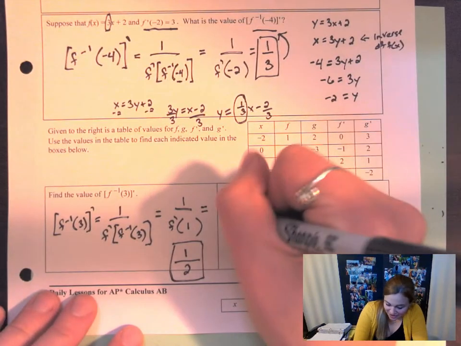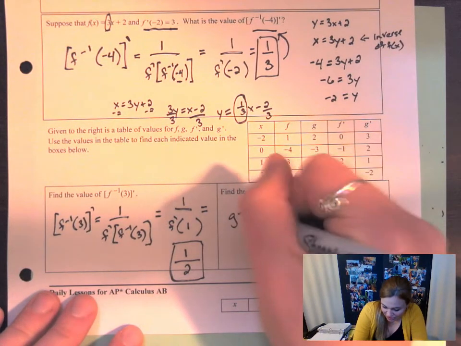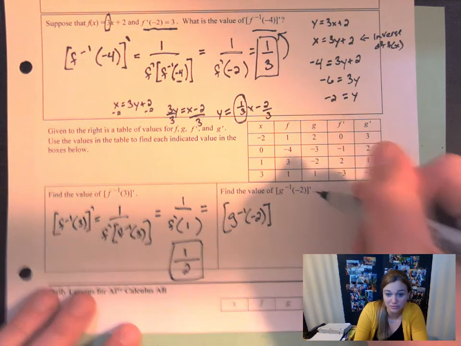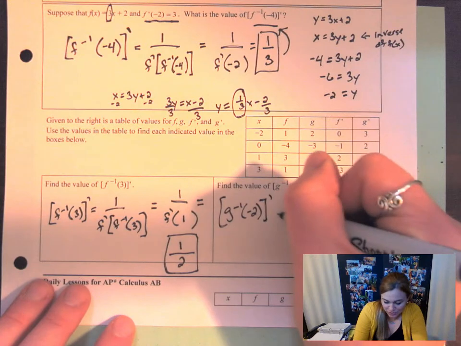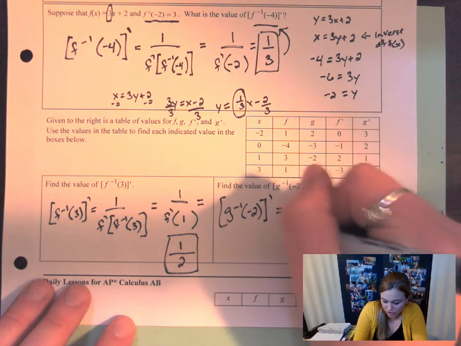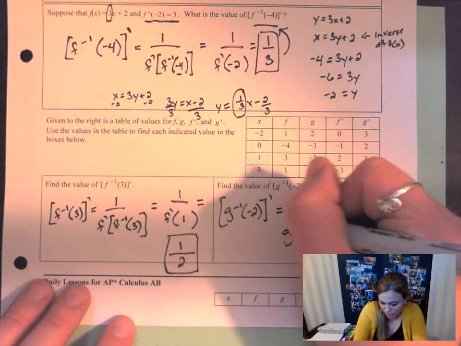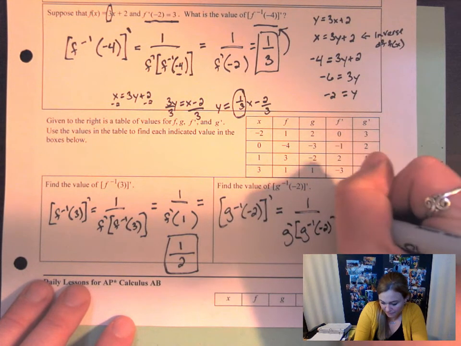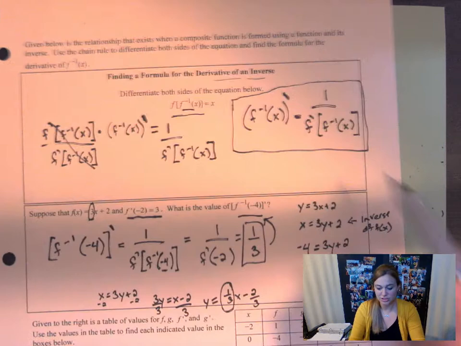Next. The next one says g inverse of -2, and I want the derivative because I can see this little apostrophe up here. So the derivative is equal to 1 over g prime of g inverse of -2. Just following this 1 over f prime of f inverse, but these are g's.